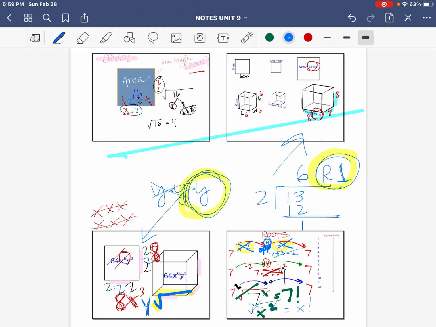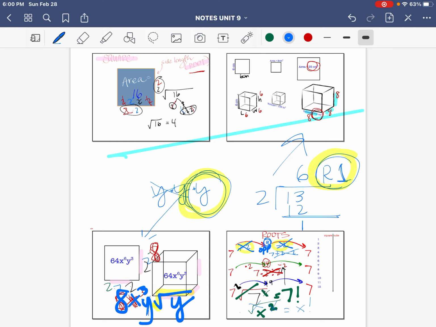So the correct side length for this problem that we just worked on is 8x to the third y with square root of y. That's the remainder that needs to be split evenly between those two.